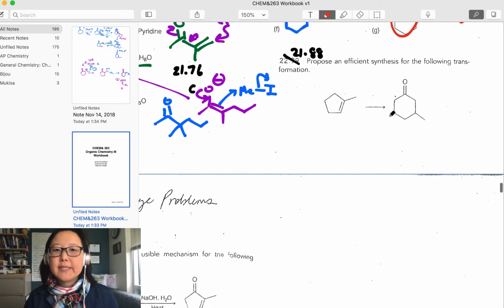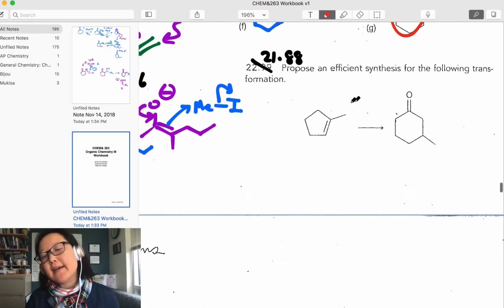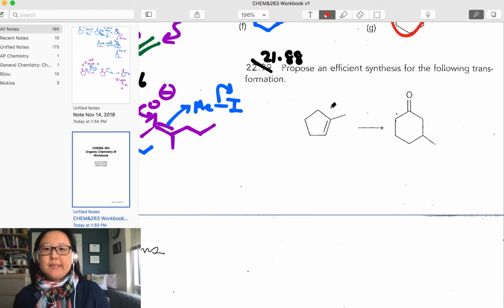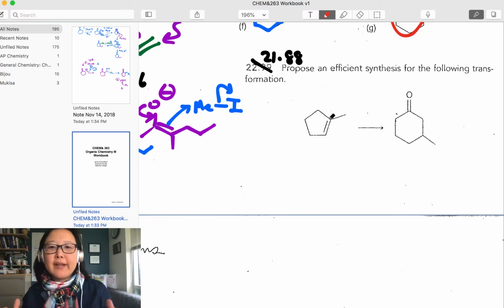All right, last question here on this page is how do we do a synthesis for this reaction? Going from a 5-membered ring to a 6-membered ring, and it looks sort of complicated, right? There are some reactions in the past, from first quarter OChem, where we had ring openings and carbocation shifts that can do a ring expansion.